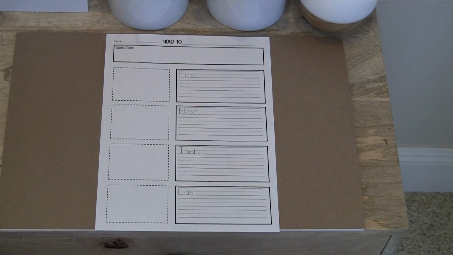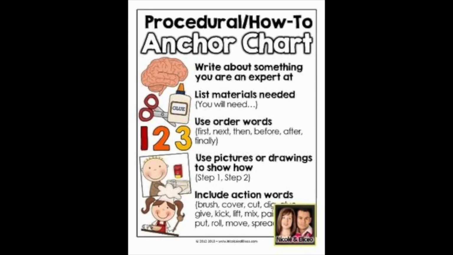Let's review our procedural or how-to anchor chart. We want to write about something that is an expert topic. We'll make a list of the materials needed. We can use order words like first, next, then, before, after, and finally.